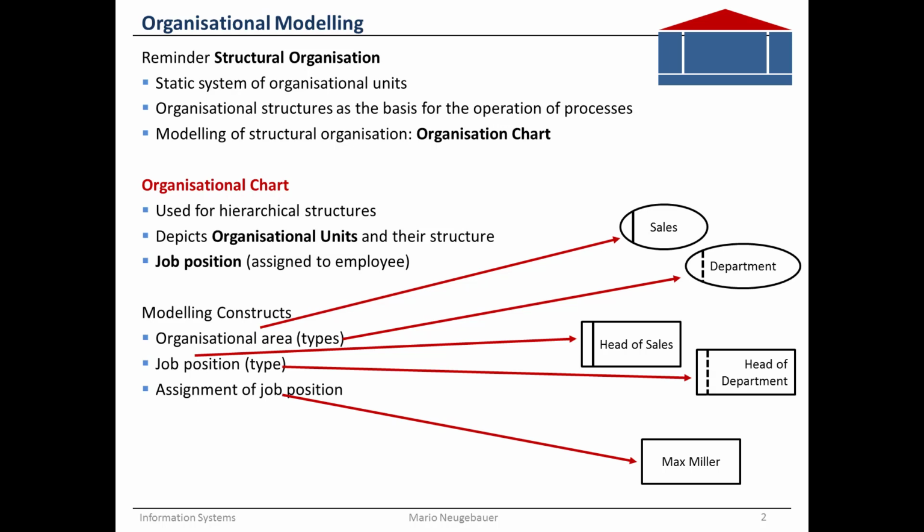So a department could be a special type of organizational area. And then with these organizational areas, you can structure your entire organization, like you have the company XY, and then department X, department Y, department Z.